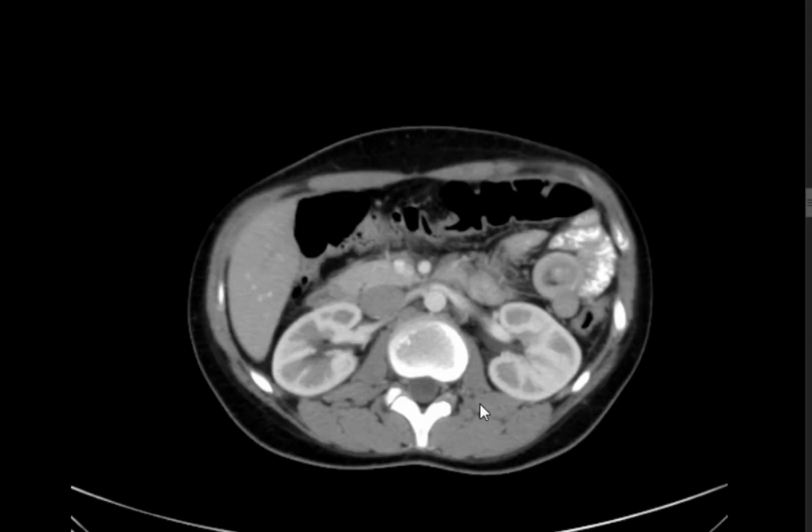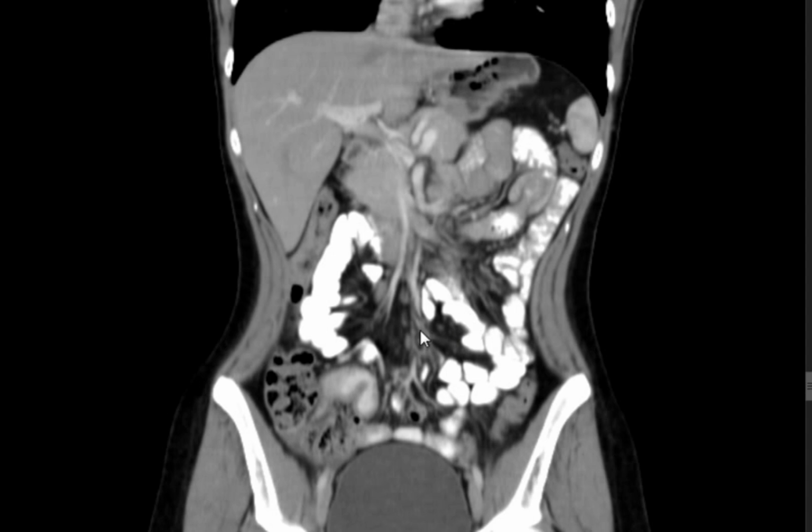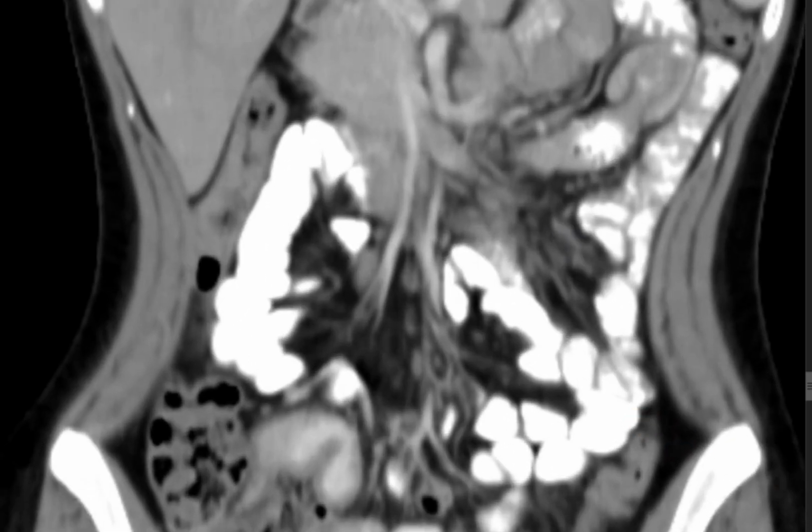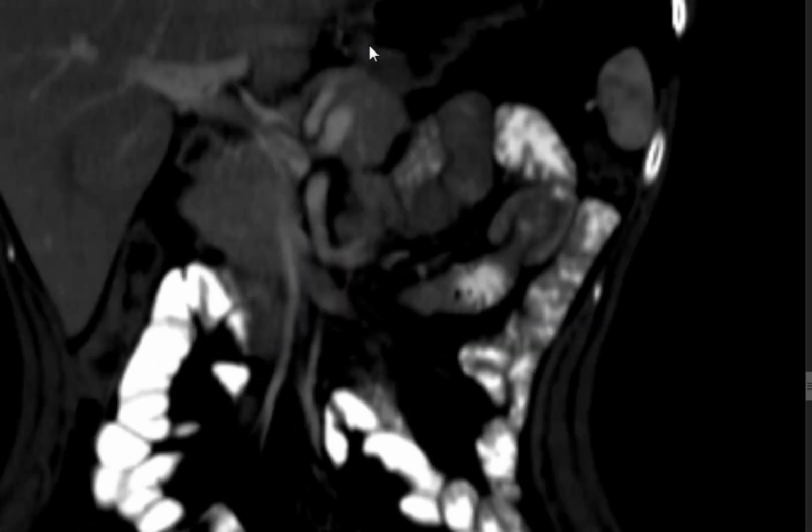Where? The typical jejunal intussusception. You can see the fat between two layers, and if you go to the coronal image, you cannot unsee it.